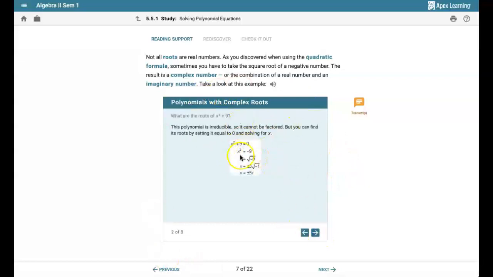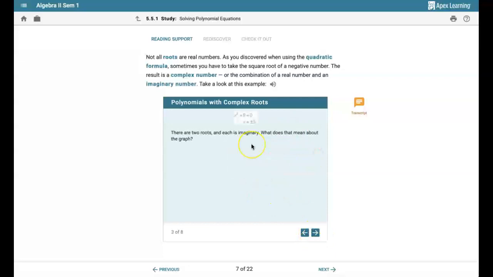So when I take the square root of negative 9, I get plus or minus 3 times i, right? Because when I write the square root of negative 9, I can write that as the square root of 9 multiplied by the square root of negative 1, and we know that the square root of negative 1 is i.